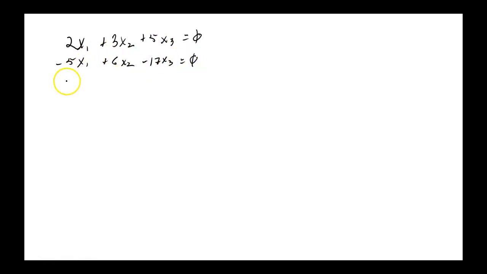And 7x1 minus 4x2 plus 3x3 is also equal to 0. And it says, without doing any row operations, explain why that system of equations is consistent.